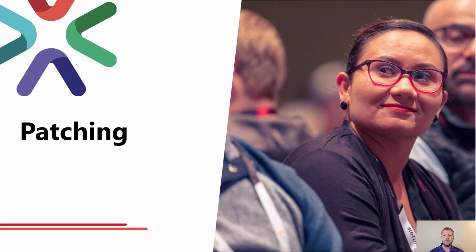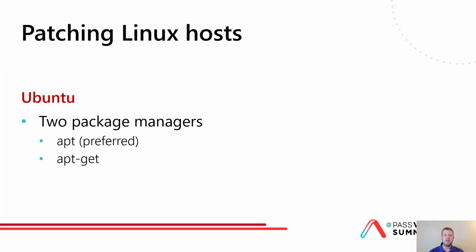Okay. One of the last topics I want to talk about very briefly is patching. And this is really fairly simple and straightforward. With Ubuntu Linux, and depending on the distribution of Linux that you're using, there are different commands that you use to patch your Linux host. For Ubuntu, there are 2 different package managers available. apt-get is an older one.